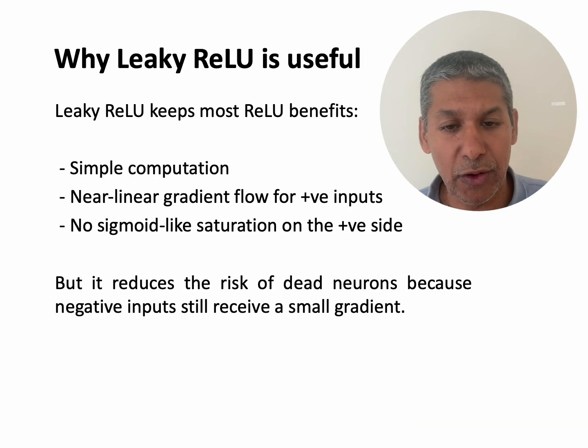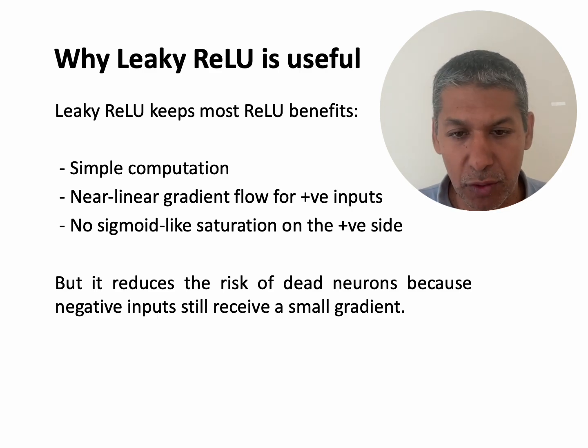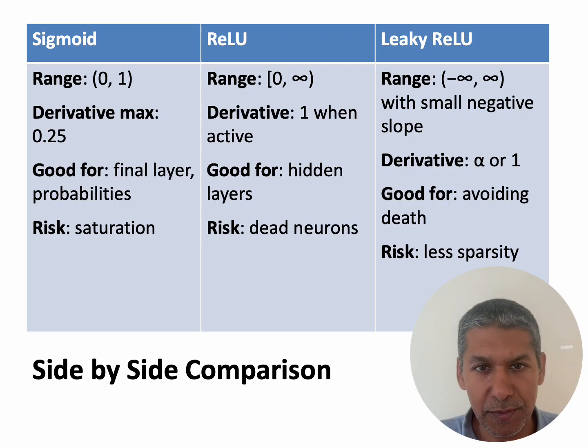So why is it useful? Exactly like we discussed, ReLU will have dead neurons. Leaky ReLU will prevent that problem. Of course, it's also nothing like sigmoid, so there is no complicated computation. There's a near linear gradient flow for positive values, exactly like we discussed. It's a simple computation, but it does reduce the risk of dead neurons.